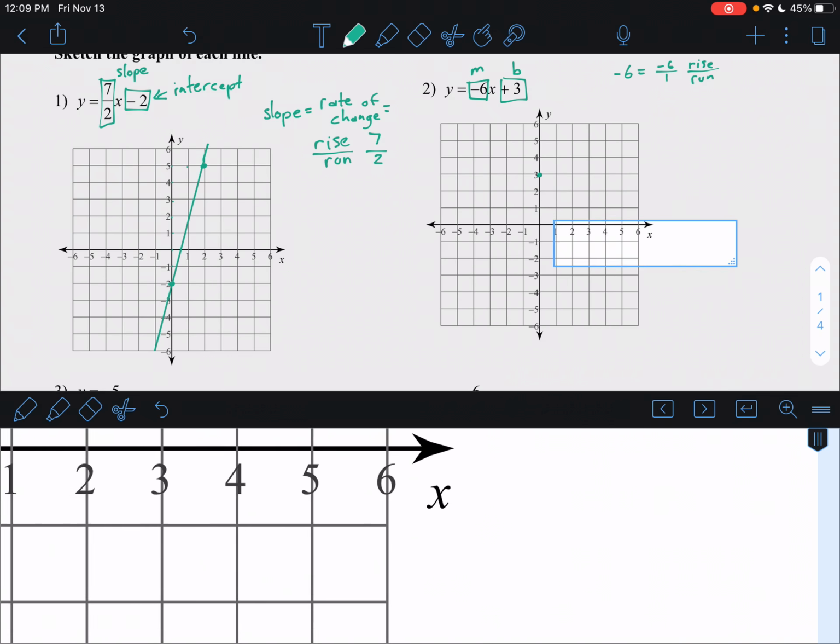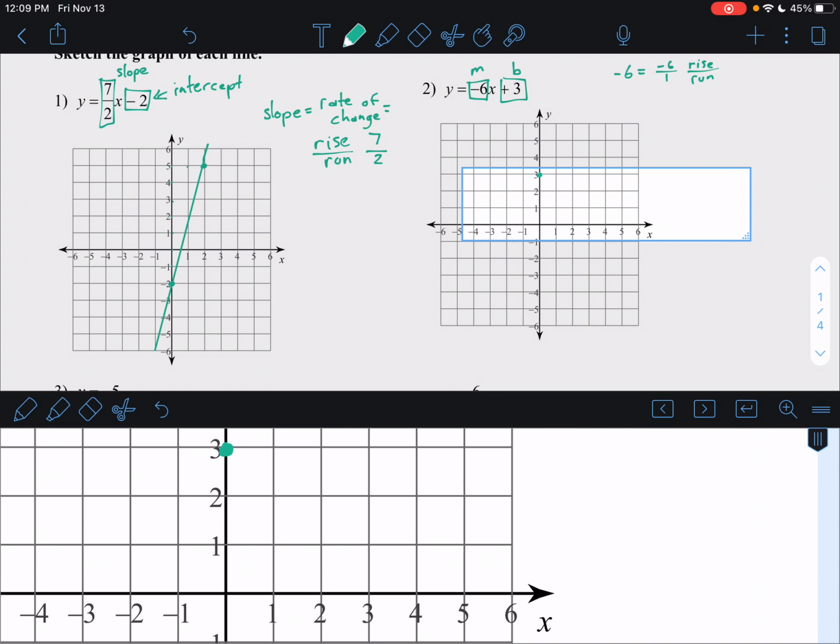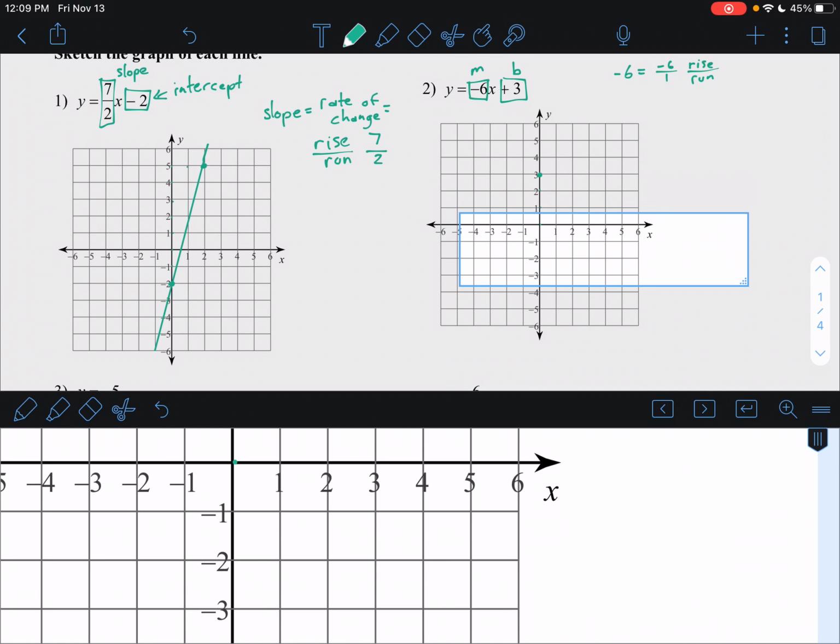So I'm going down 6 from this point. Down 1, 2, 3, 4, 5, 6, and then over 1, or to the right 1. And that's my new point at 1, negative 3.